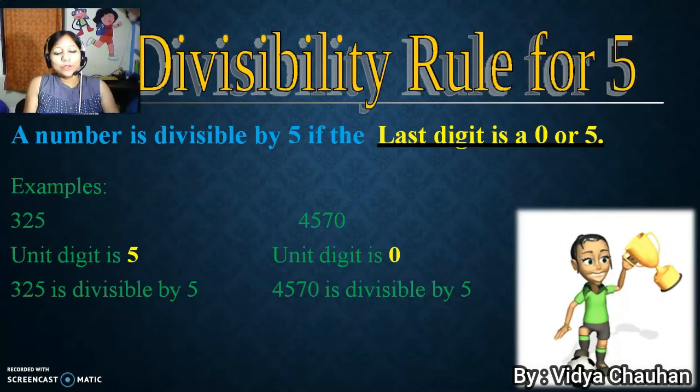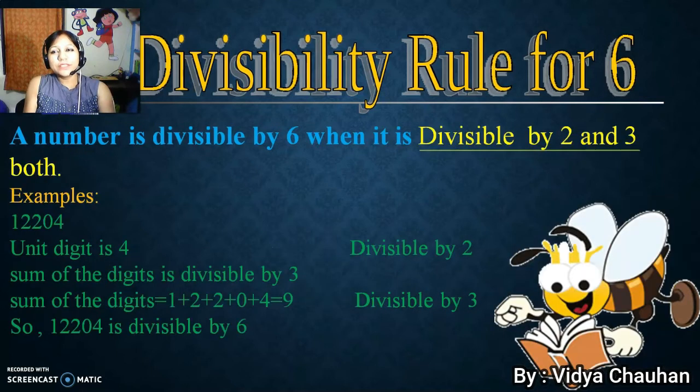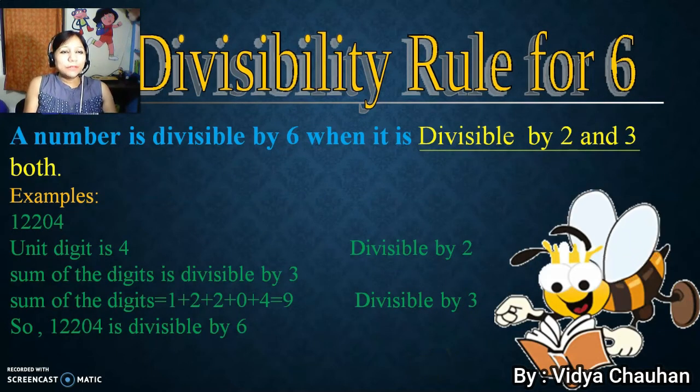Now moving forward with the next divisibility rule, which is the divisibility rule for 6, again a very simple one. The rule says a number is divisible by 6 when it is divisible by 2 and 3 both. Clear, students?